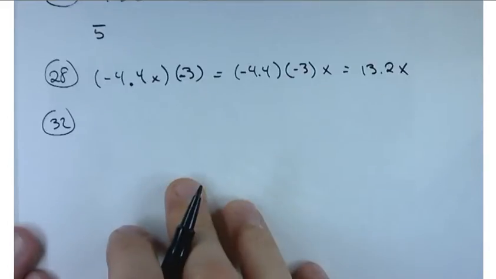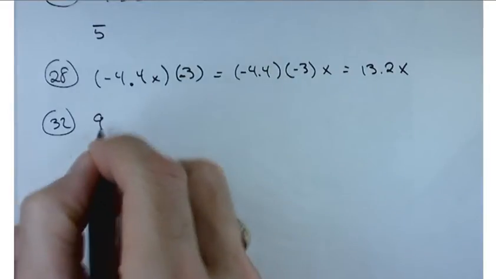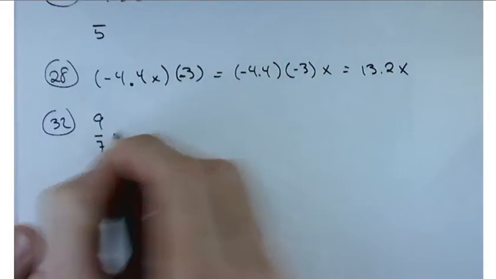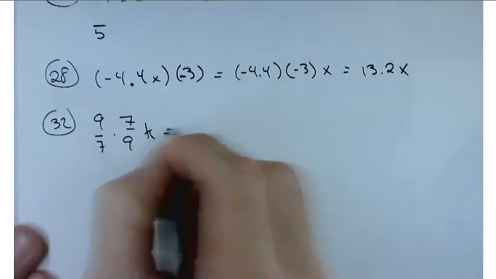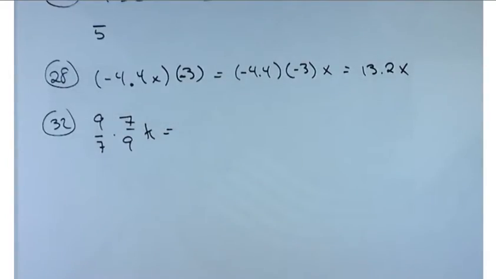Problem 32. 9/7 times 7/9 times k. So we've already got the number parts together, but should I just multiply those things straight out, or what can I do? Yeah, let's do some cancellation, right?